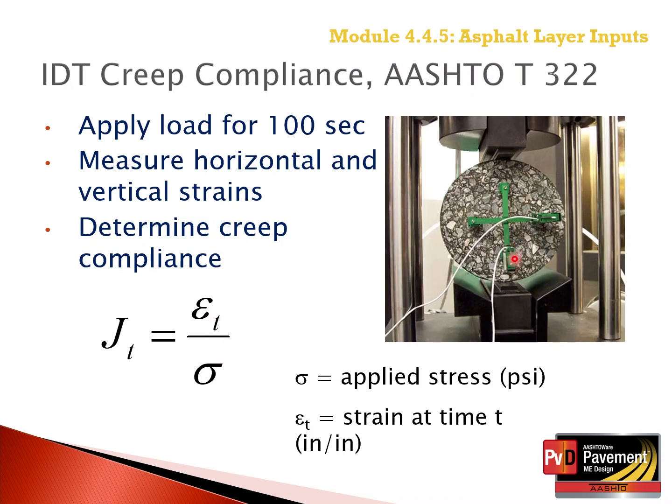Three test temperatures are used for measuring creep compliance: -4, 14, and 32 degrees Fahrenheit. The tensile stress and horizontal and vertical strains are measured and are used to determine the creep compliance, defined as the integral J subscript T on this slide, and Poisson's ratio.